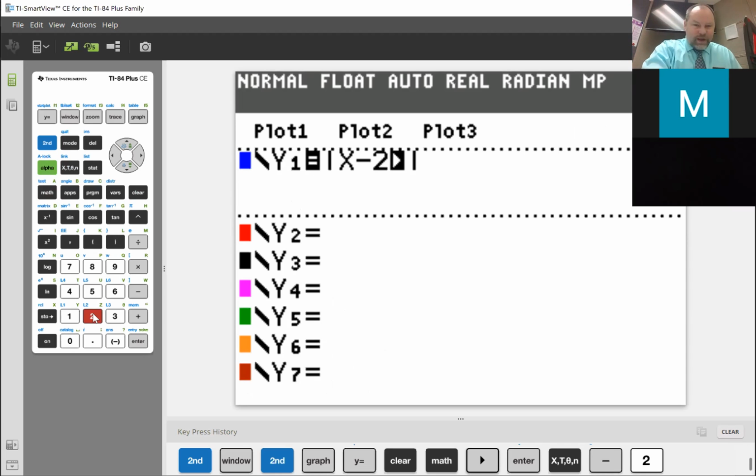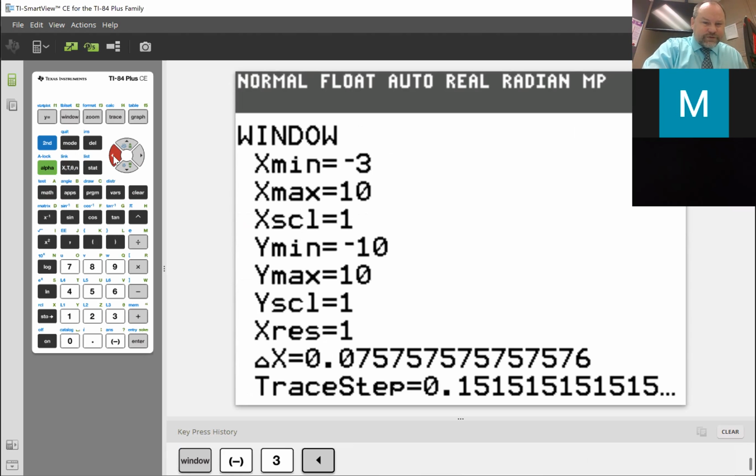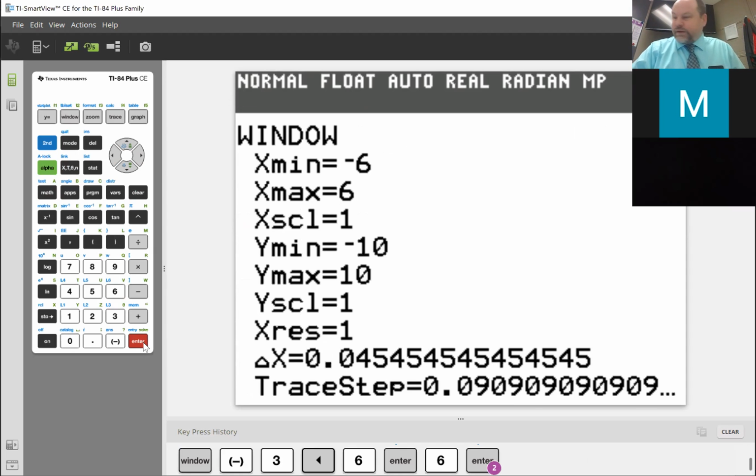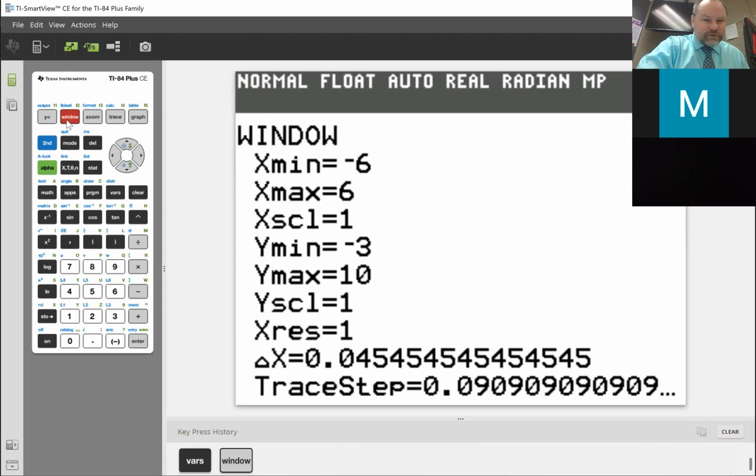So that my graph looks the same as what's going to be in the packet, I'm going to change my window. Window goes from -6 to 6, and from -3 to 5. There we go.